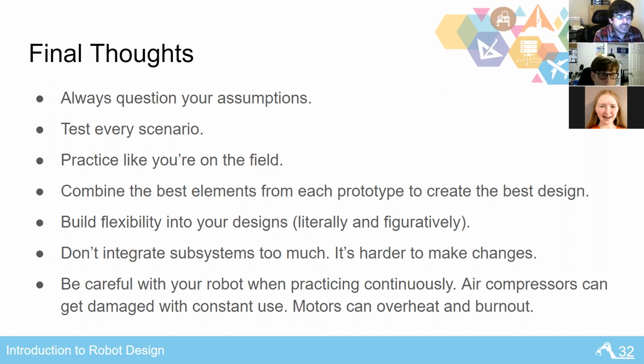But our game pieces aren't always squishy. Sometimes they're really hard plastic or other material. And if that's the case, then we want our mechanisms to have that compliance. So maybe you have your intake spring loaded. You have wheels that are being kind of held together with a spring, and as the game piece comes into the robot, it spreads them, and that allows the wheels to remain in contact with the game piece.